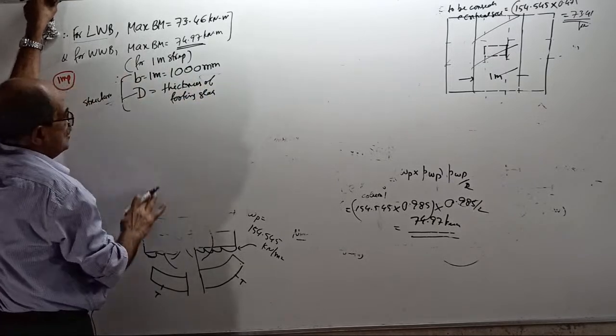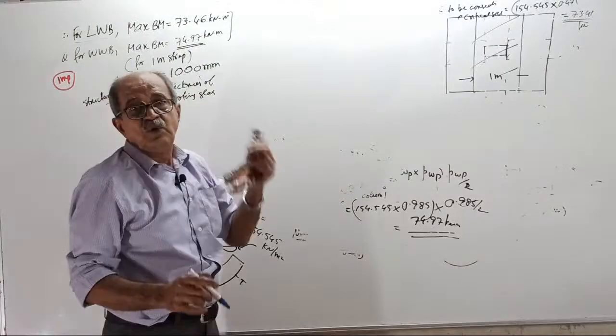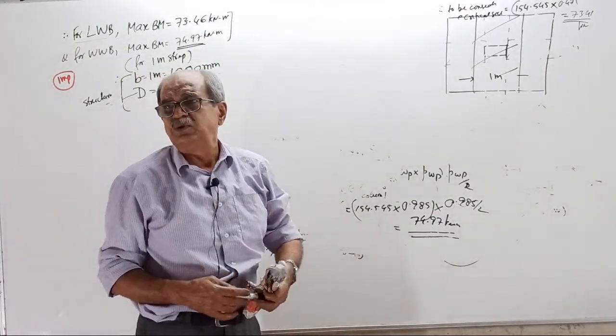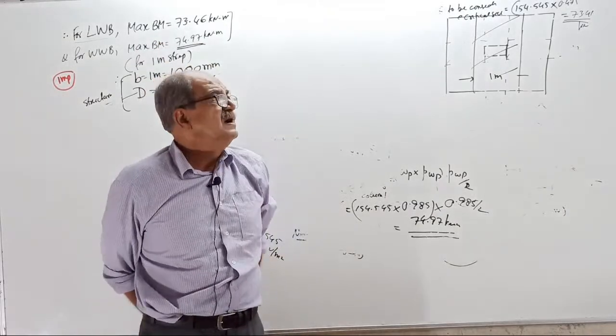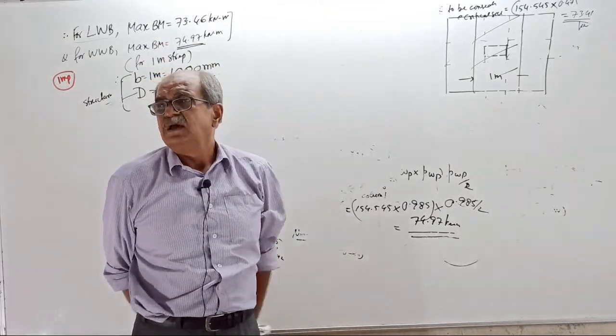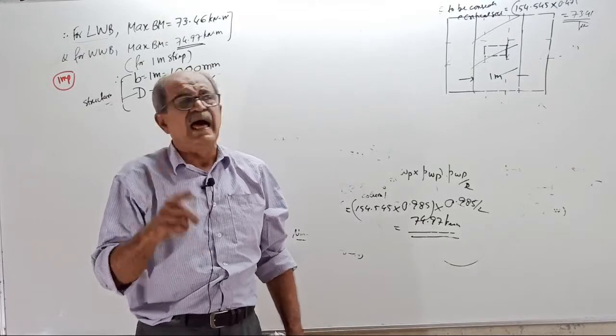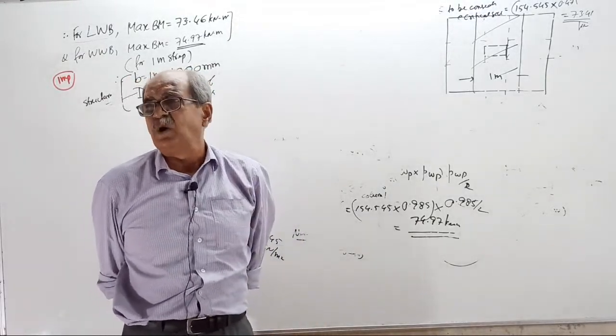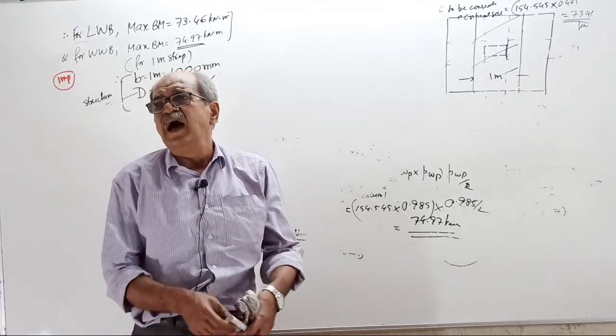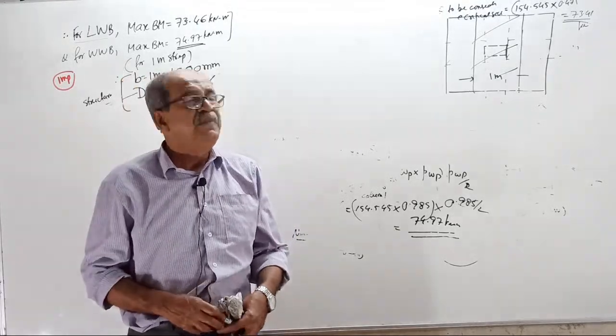Now, next step. We have to find the thickness of the slab. Remember, make a note. For a footing slab, your thickness provided will always be based on what? Bending or shear?